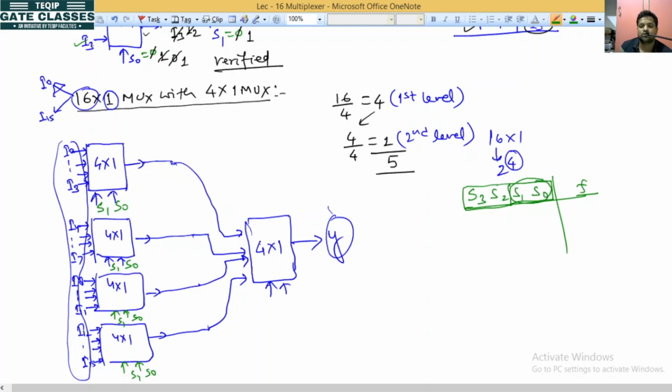Now pick this second pair for the last level 4x1 mux, so it will be S3, S2. Okay, now this is the implementation of 16x1 mux with the help of 4x1 mux. If you want to verify, you can verify by writing all the 16 combinations here.